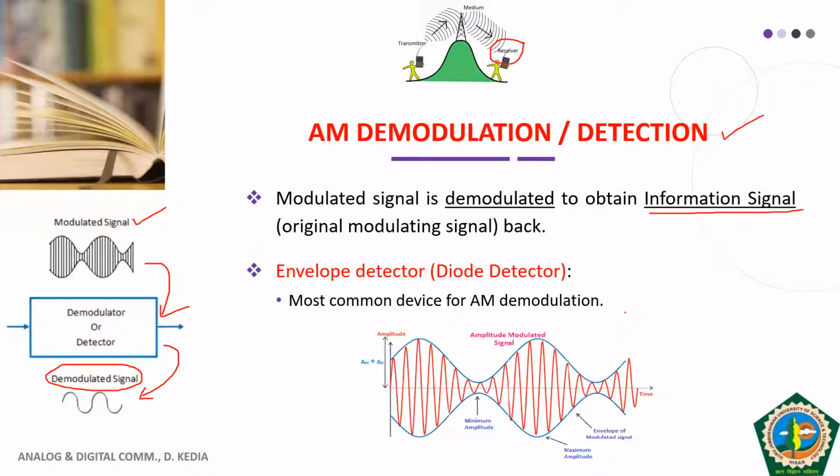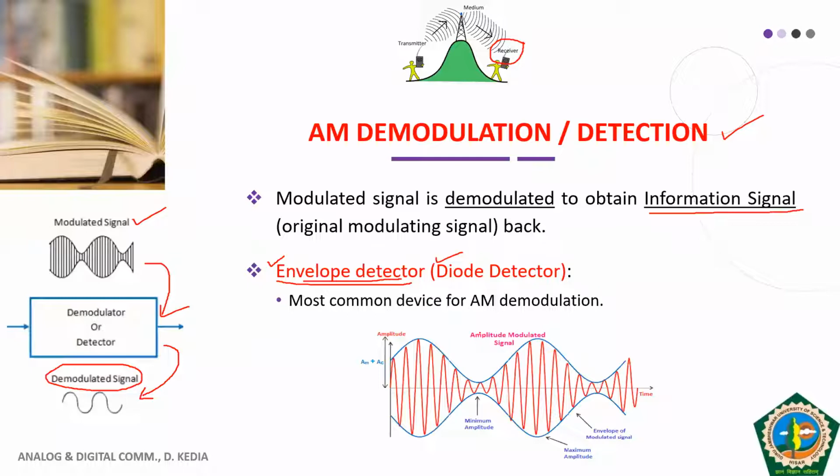And as I told you, since we are talking about amplitude modulation, the biggest advantage of amplitude modulation is its simplicity. That simplicity is also reflected in the receiver part. Fine. So your amplitude modulated signal can be directly demodulated with the help of a circuit. We call that circuit an envelope detector. Another name for that circuit is diode detector. So one and the same thing, but envelope detector is the more popular term.